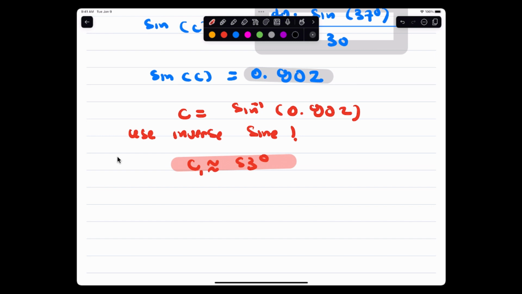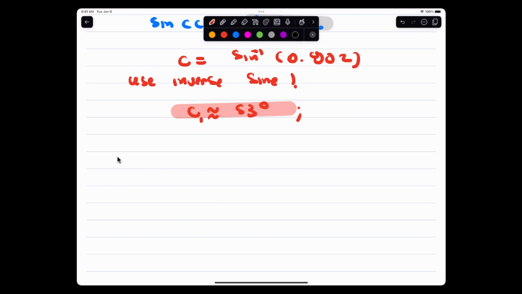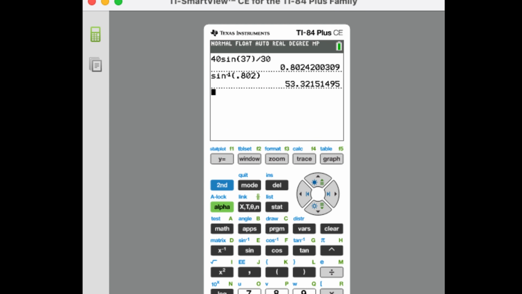I'm in the ambiguous case. There could be two solutions. So how do I get C2 now? The second solution will always be the supplement of the first solution. So you take 180 minus 53, okay? 180 minus 53 becomes 127 degrees.